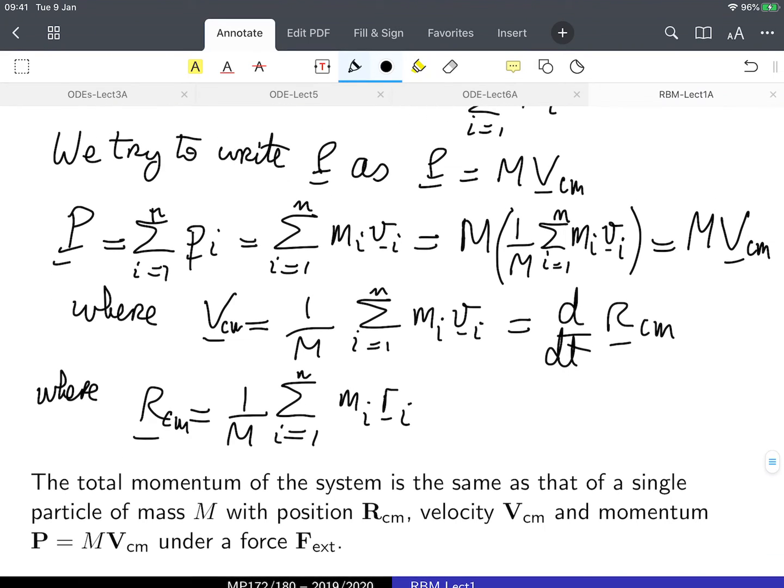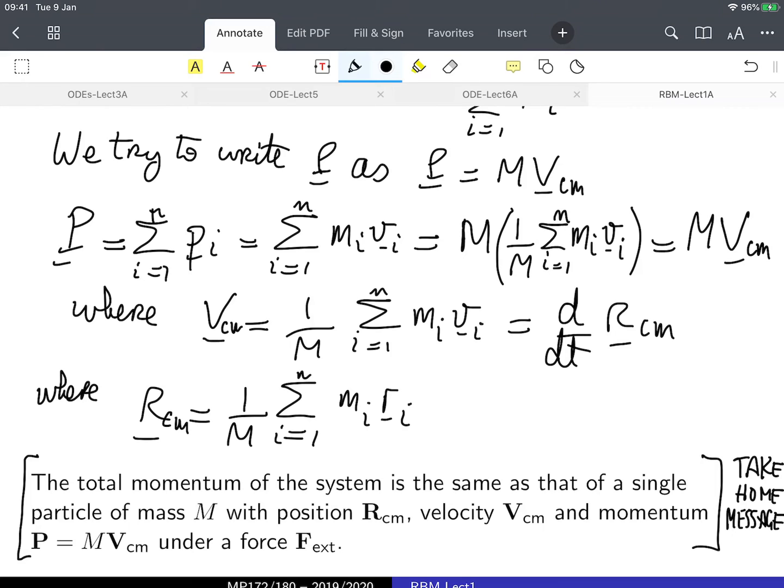Here is the take home message. That's what we learned today, is that the total momentum of the system is the same as that of a single particle of mass m with force.